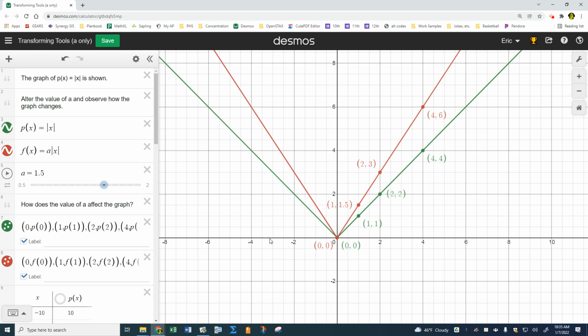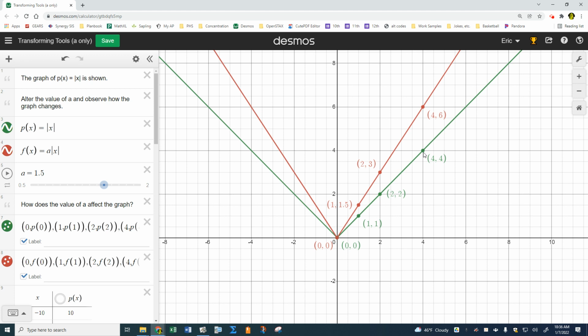Okay, what if A is 0.5? What's that going to do? Yeah, it's going to squash it down, isn't it? Now the heights are only going to be 0.5 times, or 1/2 times, what they normally would be. So instead of going over 4 and up 4, I'm going to go over 4 and up 4 times 0.5.